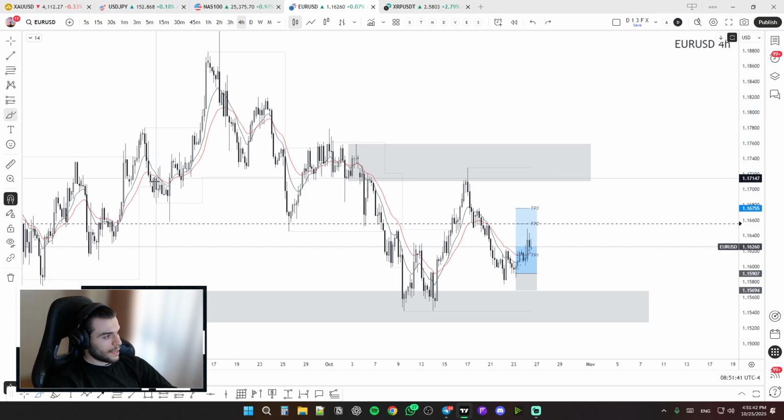So at that level, look, every time it breaks down the 20 EMA, there's a tiny bit of accumulation. Longs and shorts are being taken here, bulls and bears are fighting, and whoever wins that fight, the market moves in that direction. That's the simplest way of explaining the Wyckoff theory for you all.